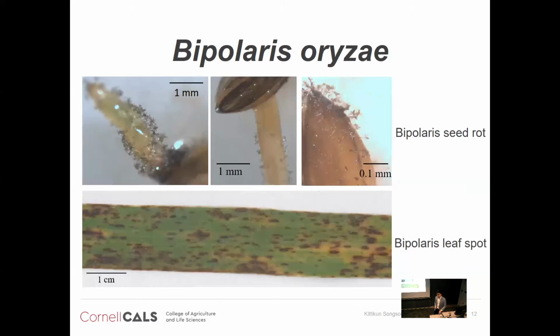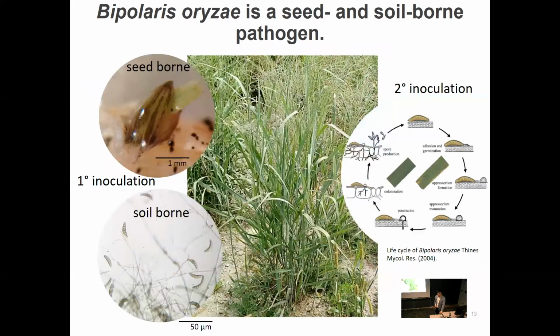In terms of management of the disease, we need to understand the life cycle of the pathogen before we make any decision on how we are going to manage the disease. Bipolaris oryzae is a seed- and soil-borne pathogen: the first inoculum of the disease is from the seeds that were introduced to the field, and after that, the hyphae of this pathogen can grow into the soil and leaf and overwinter within the crop residue in the field.